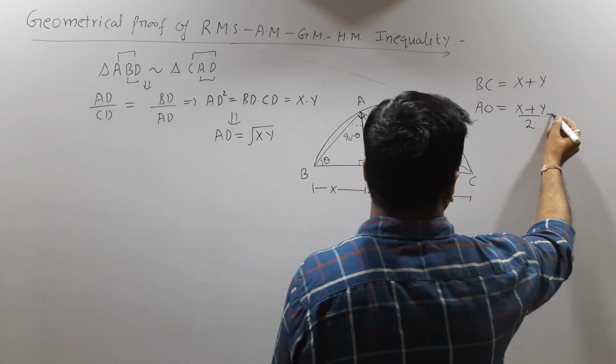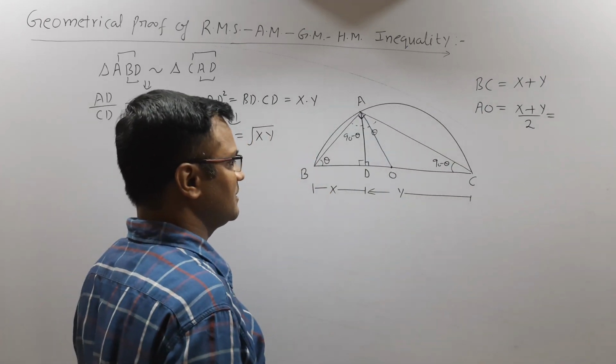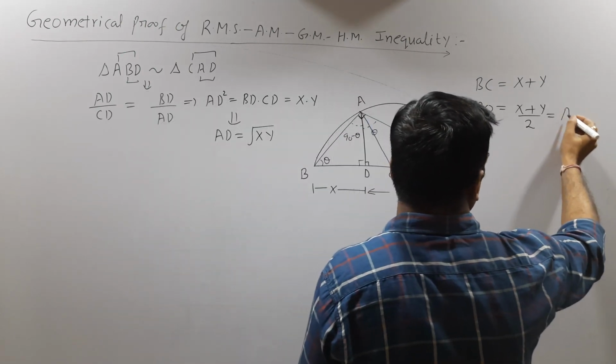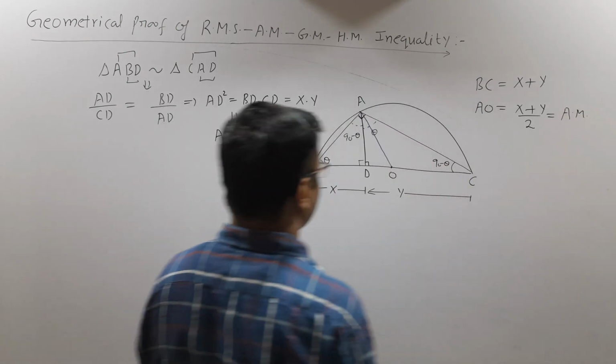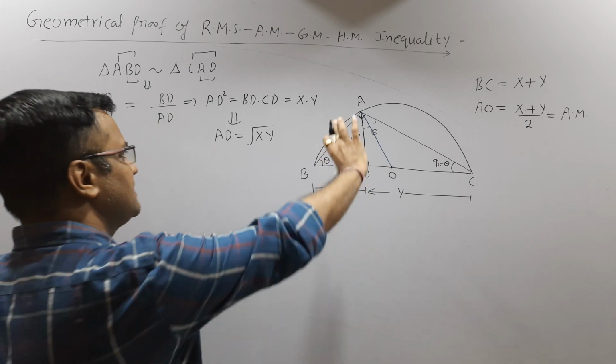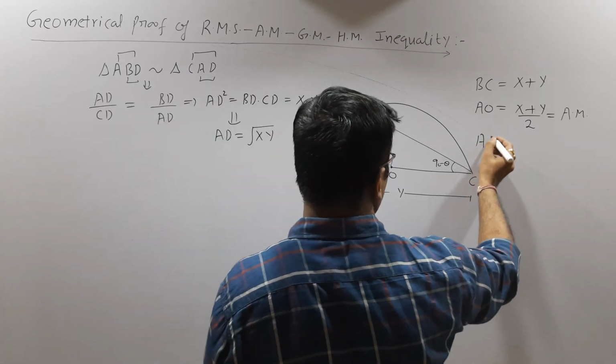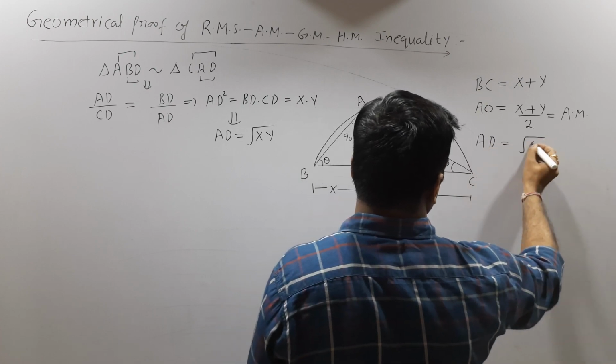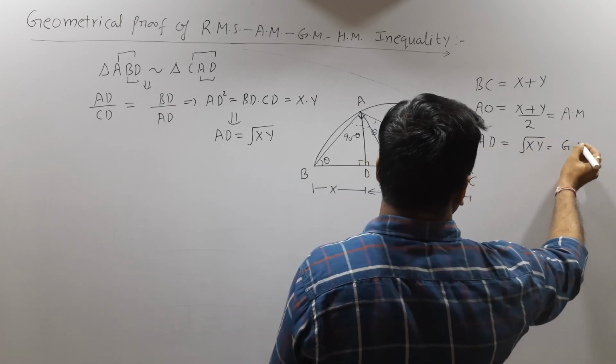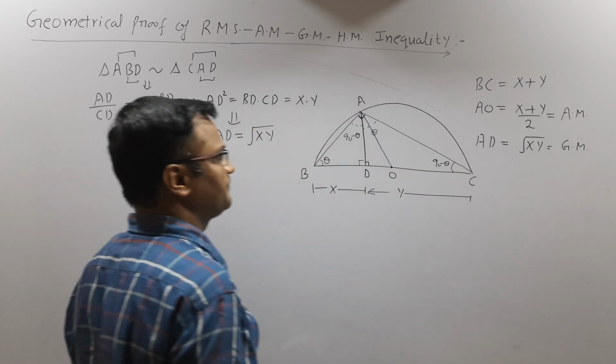So AO can be treated as the arithmetic mean of two positive real numbers X and Y. At the same time, the length of AD is root of XY, so AD can be treated as the geometric mean of the two numbers X and Y.